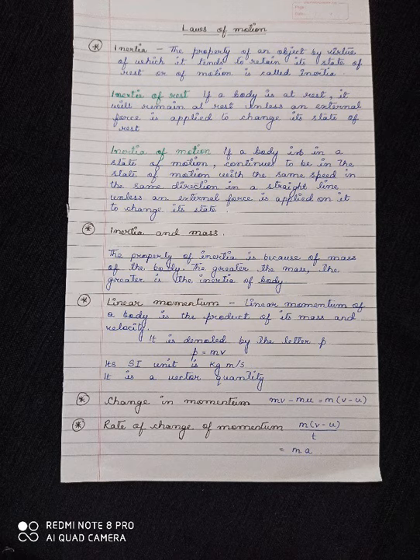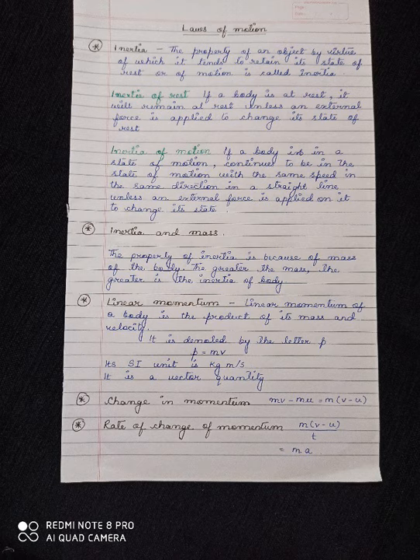So linear momentum is nothing but the product of the mass and velocity of that body. It is also termed as momentum and it is denoted by the letter small p. Its SI unit is kg meter per second and it is a vector quantity. That is, it has magnitude as well as direction.